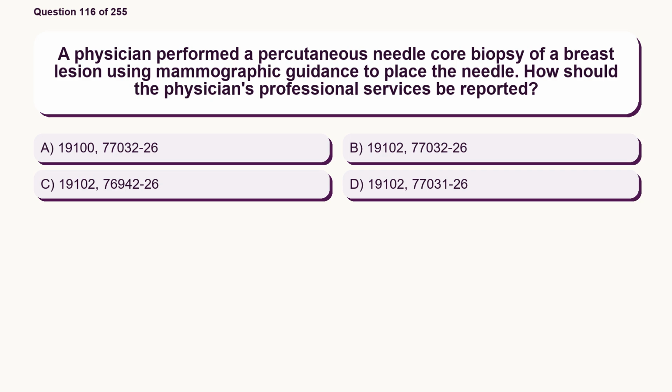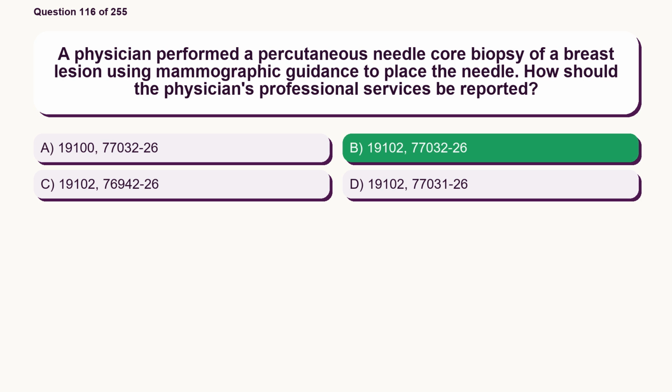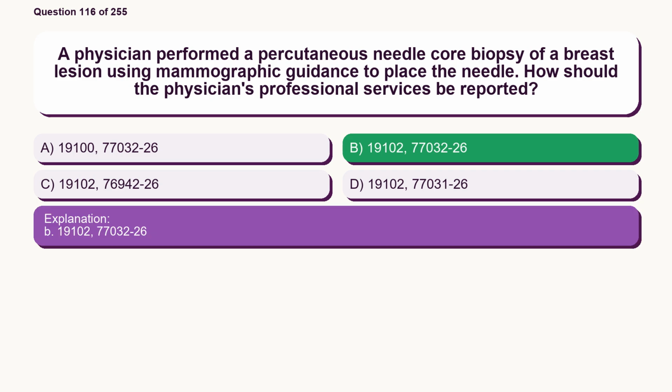Option C, 19102, 76942 to 26. Option D, 19102, 77031 to 26. The correct answer is option B, 19102, 77032 to 26.